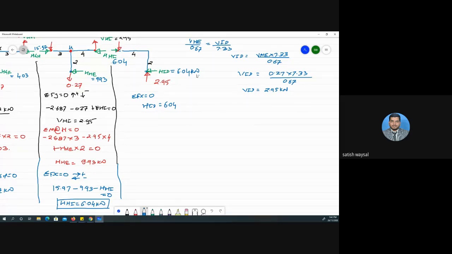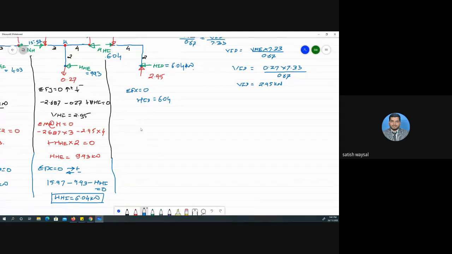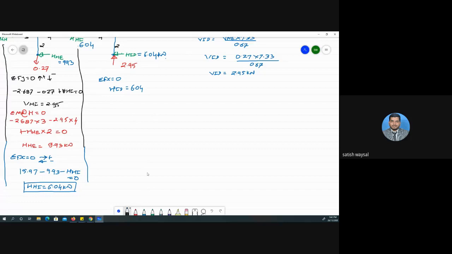Okay, now the upper story we have completed. Now the axial force in the lower story is the next part that we have to determine.